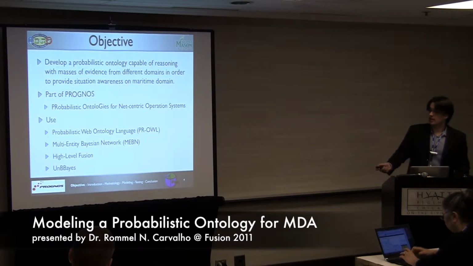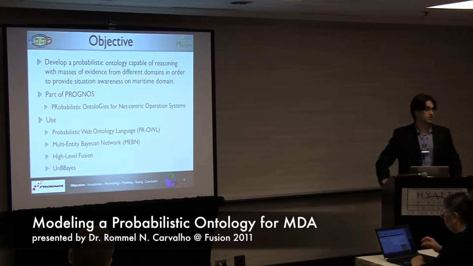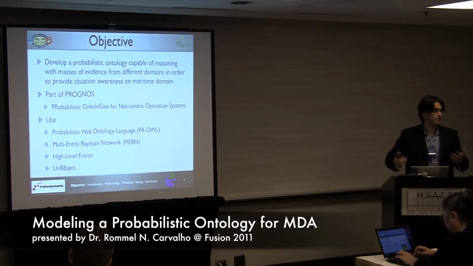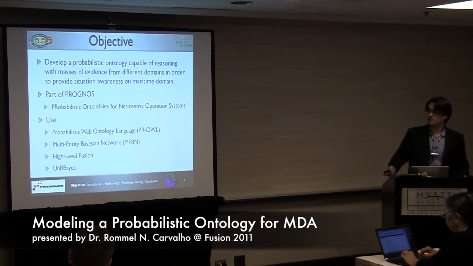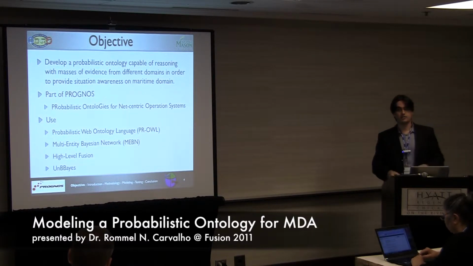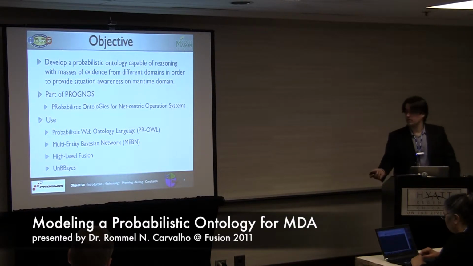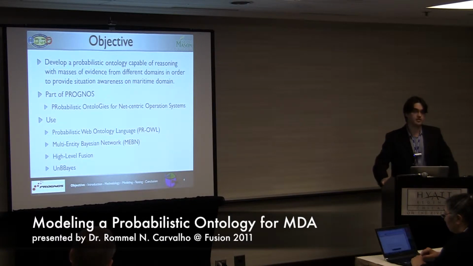We're going to use things like the Probabilistic Web Ontology Language, PR-OWL, which leverages the OWL language to provide the definition of uncertainty relationships, and which is based on Multi-Entity Bayesian Networks, a logic that allows you to put together logic and uncertainty. Again, we're talking about high-level fusion here, and we use UnBBayes, an open-source tool that allows you to develop these probabilistic ontologies and reason with them.